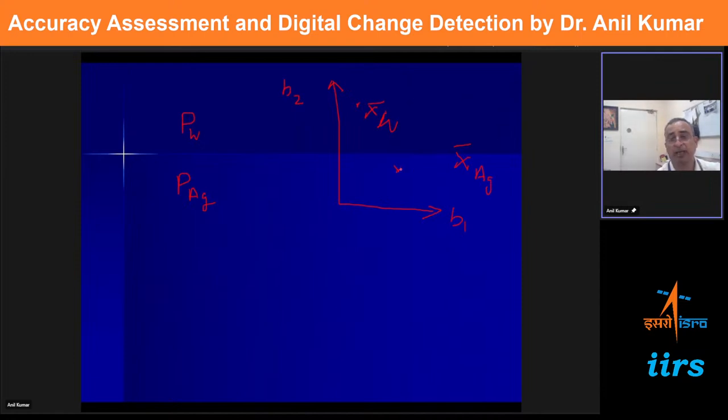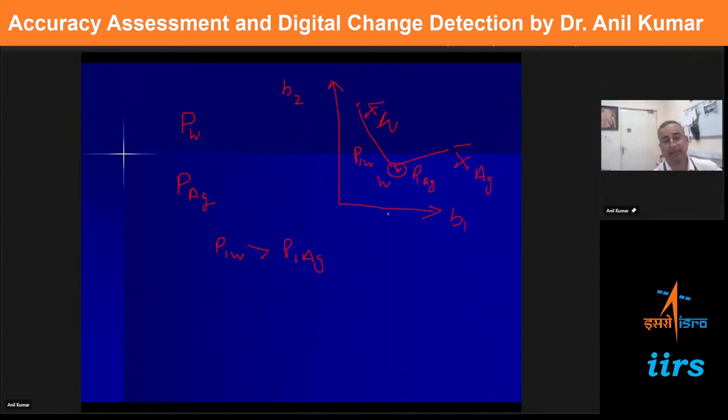So if this pixel is to be labeled, you find out here P1W, and you find out here P1 agriculture. One means first pixel, for water and for agriculture. If P1W is more than P1 agriculture, this pixel will be labeled to class water. Maximize, the probability should be maximum. So like this, the maximum likelihood classifier or MLC works with the criterion that the probability should be maximum.